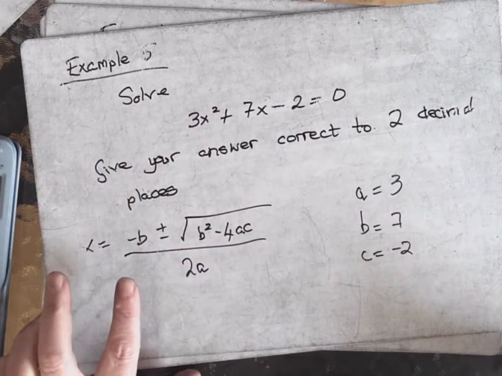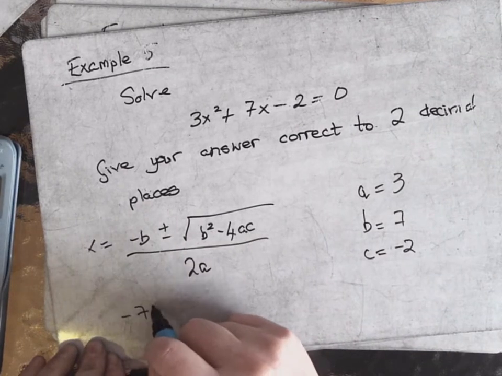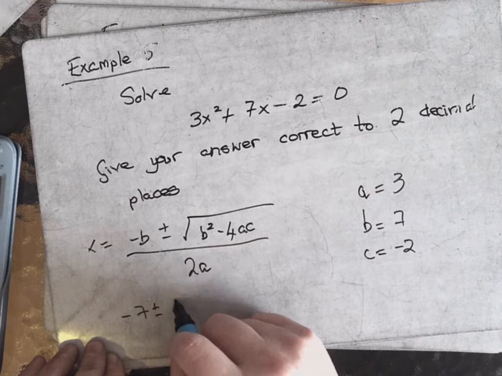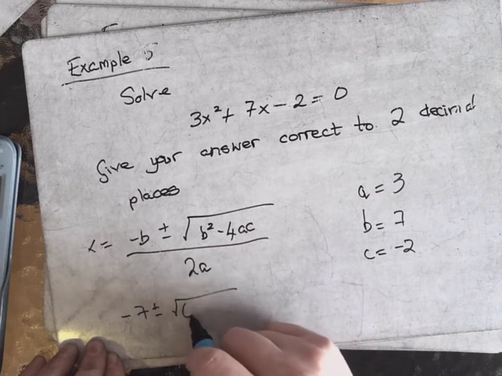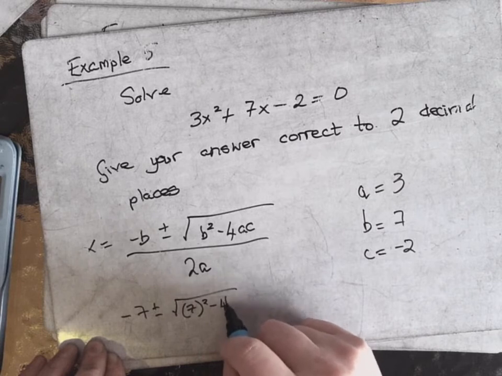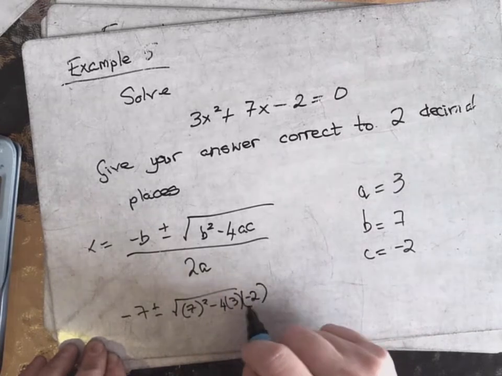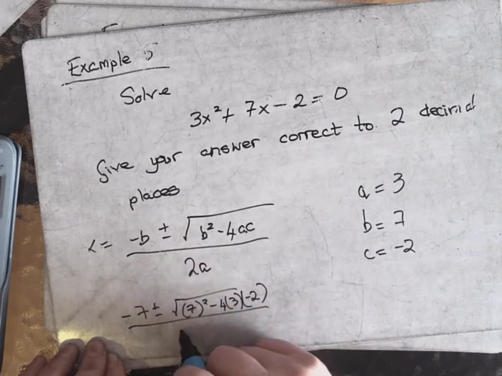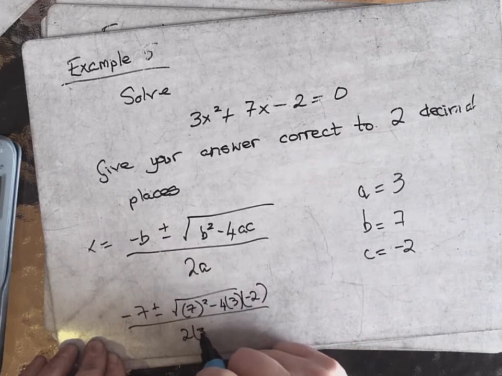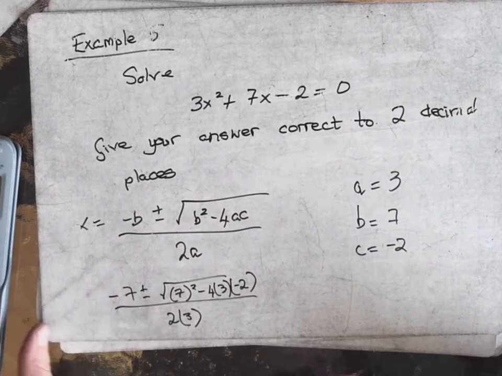Right, so then you fill in: minus b, so minus 7, plus or minus the square root of b squared, 7 squared, minus 4 times a, which is 3, and c is minus 2, all over 2 times a, which is 2 times 3. So off you go to your calculator, put the plus in first.